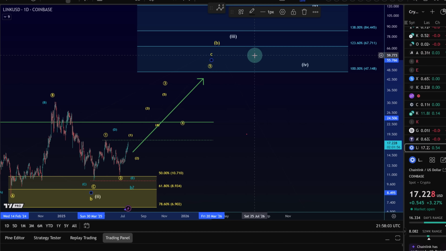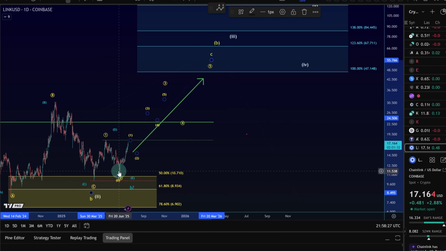For now, the idea is we might have started this C wave because I can identify 5 waves to the upside from the swing low here in April, 7th of April, and I can identify a corrective pullback, even though it was a very deep pullback, a bit deeper than it would normally be ideal, but still absolutely a valid so-called 1-2 setup.